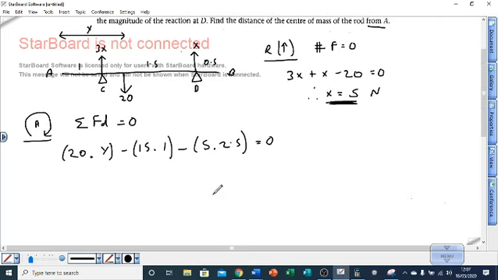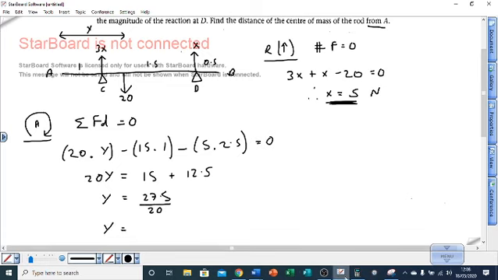Okay, so working this out, then I've got 20y is equal to 15 plus, 5 lots of 2.5, which is 12.5. Okay, so y is simply going to be 27.5 divided by 20, as a distance, that'll be in meters.